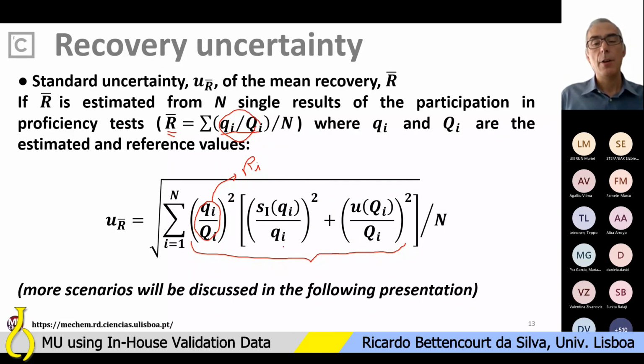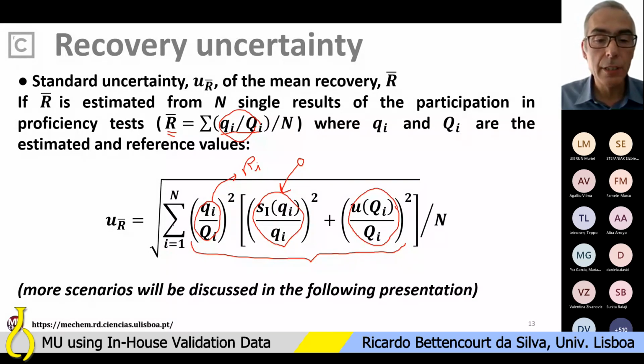And here we have the relative standard deviation of measurement intermediate precision. Since we only perform one analysis of this sample, this comes from precision models, the ones that I just described to you. And then here we have the relative standard uncertainty associated with the reference value. And yes, all this is inside the square root, and n is outside.